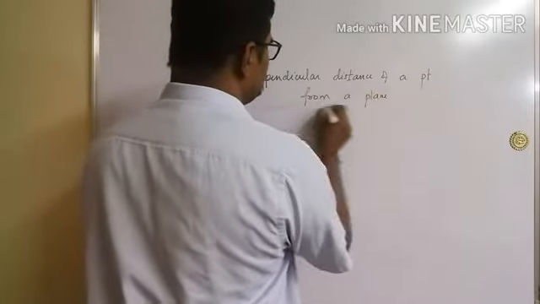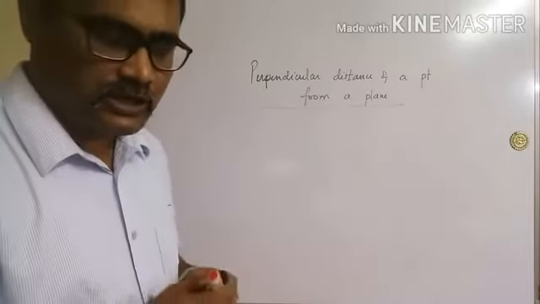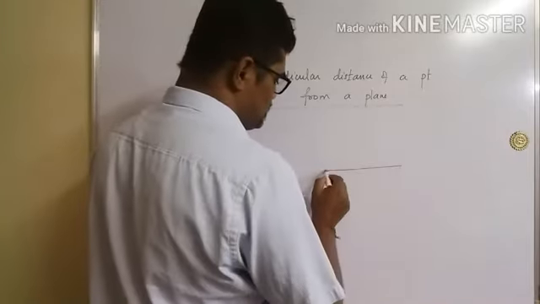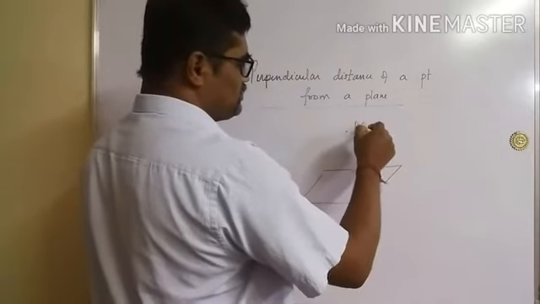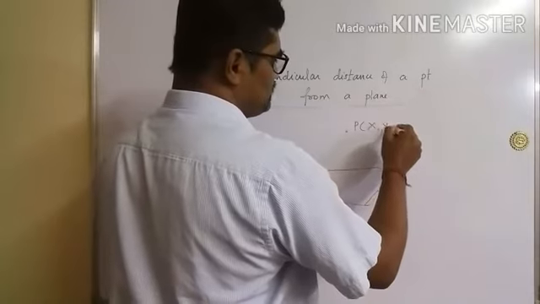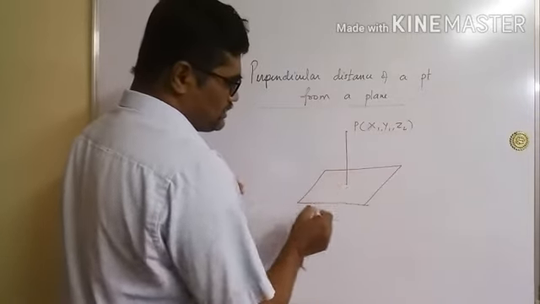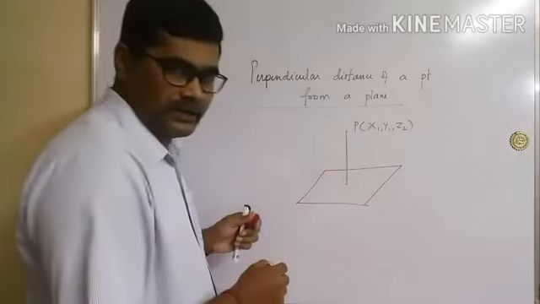Here also I will not show you the deductions; we will go directly to the formula, and it's enough to know that. Suppose this is the plane, and somewhere there is a point whose coordinates I write as x1, y1, z1. If I drop a perpendicular, this particular length is what I want to find.